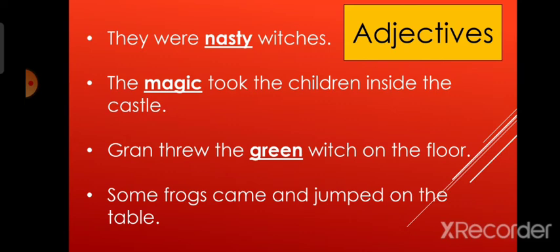They were known as 3 different colors: red witch, black witch, and green witch. And here it was the green witch to whom Gran threw on the floor, not the red one or the black one. Okay? And the last sentence, there is no adjective. They are just verbs and nouns. Got it?